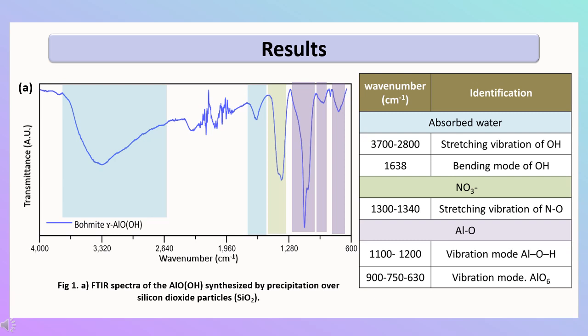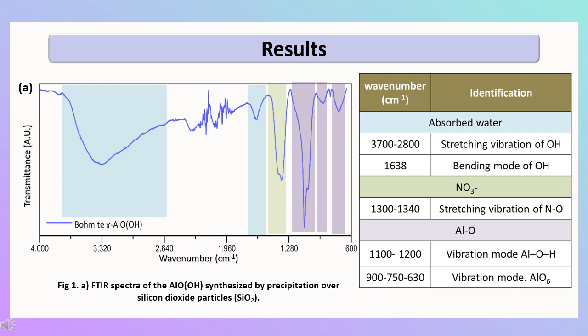The broad band from 3,700 to 2,800 is a signal of the stretching vibration of the oxygen-hydroxide group in the hydroxide structure, as well as physically adsorbed water. The shoulder at 1,638 cm⁻¹ is attributed to the bending mode of adsorbed water.